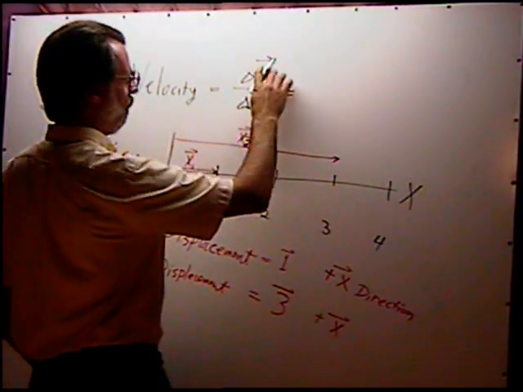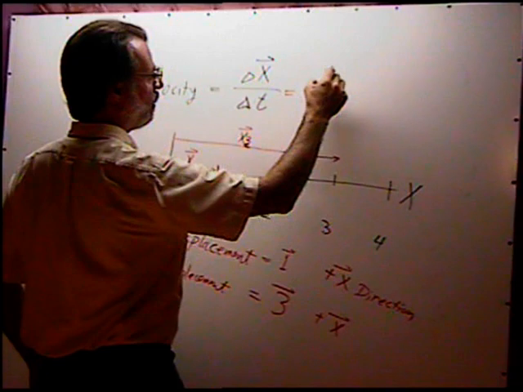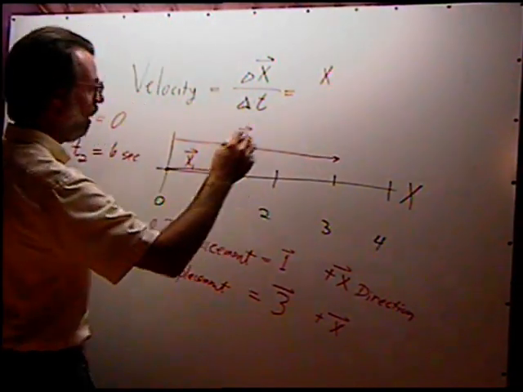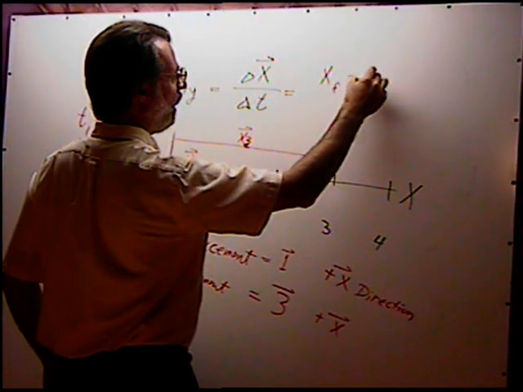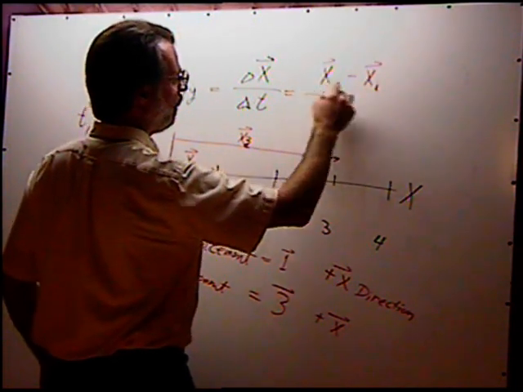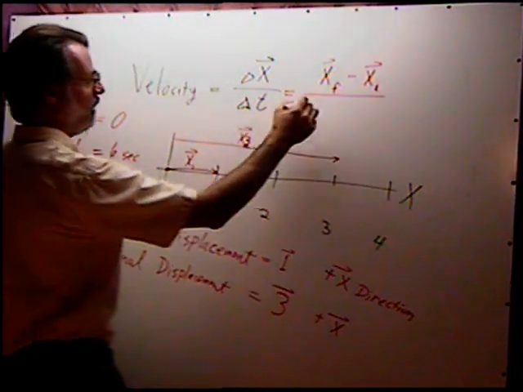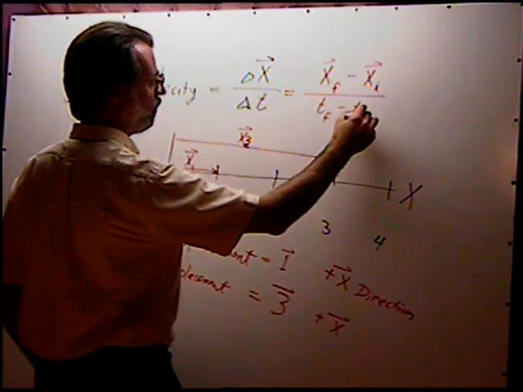So here, according to my formula, I would say x final minus x initial, divided by t final minus t initial.